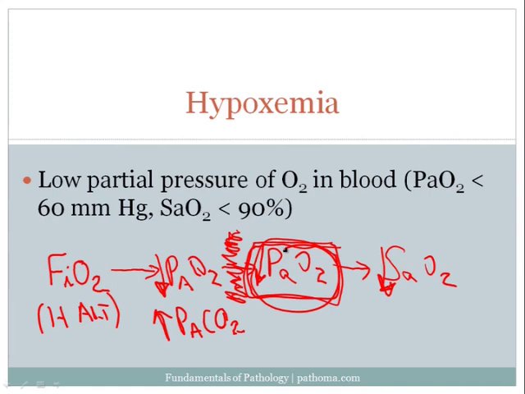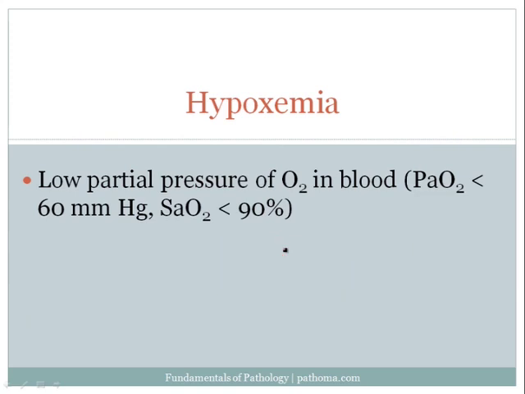So I hope that clarifies the concept of hypoxemia. The general principle I'm trying to get at here, aside from the physiology, is that hypoxemia refers to a low partial pressure of oxygen within the blood, and it's another cause of hypoxia, which is the broad topic that we're talking about.